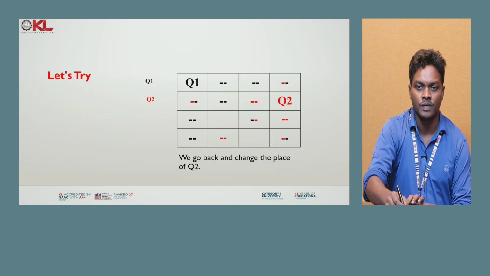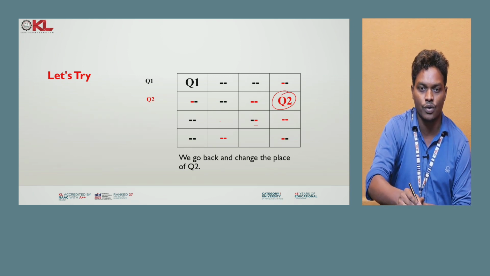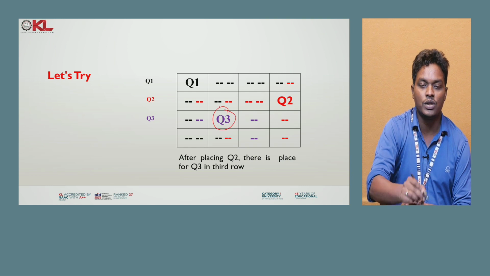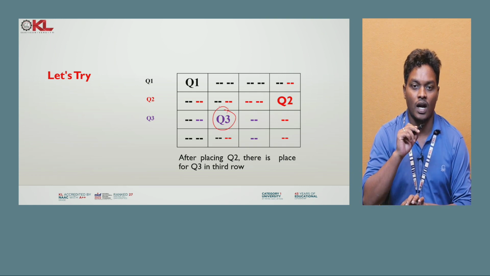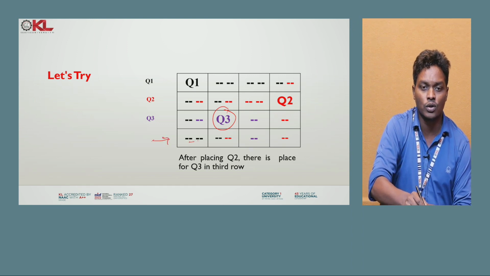In the next slide, after changing the position of q2, there is an available space for q3, so we can place q3 at the safe place. After placing q3, there is no space for q4 in the fourth row.